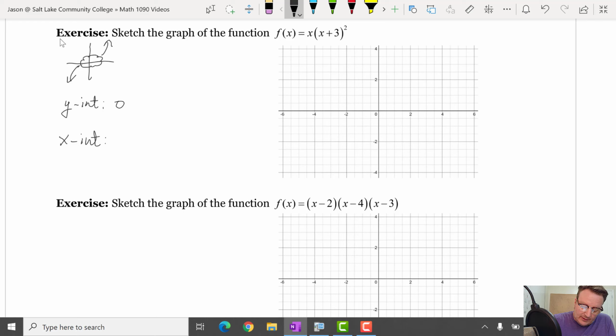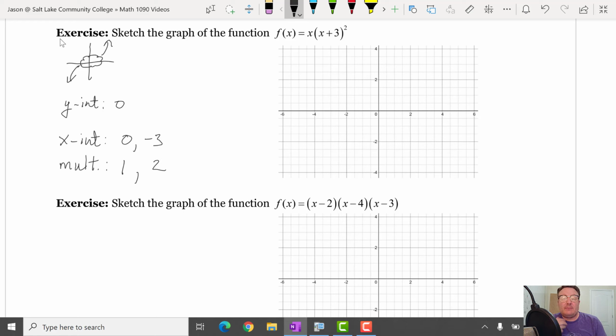We have 0 and -3. I also like to write down the multiplicities. So notice that the -3 is a repeated 0 of this polynomial, or we say it has multiplicity 2. So the first 0 at x equals 0 has multiplicity 1, but the second 0 has a multiplicity of 2.